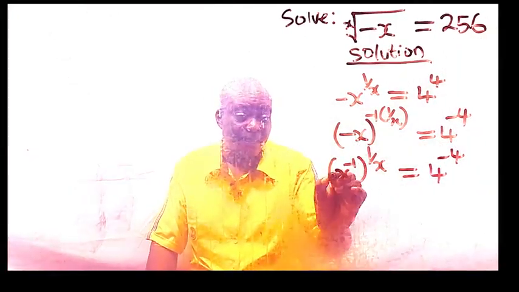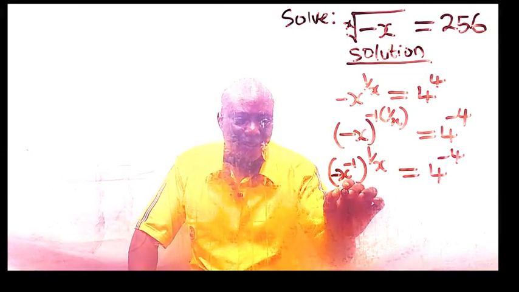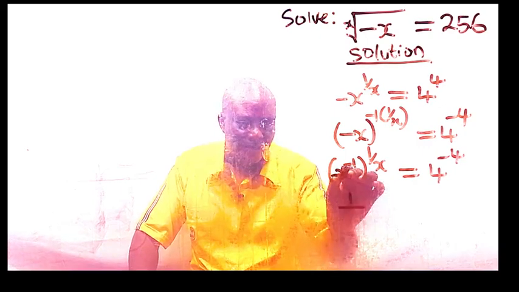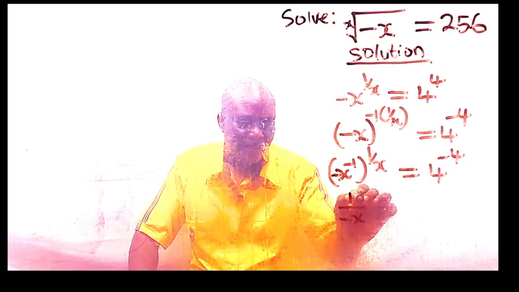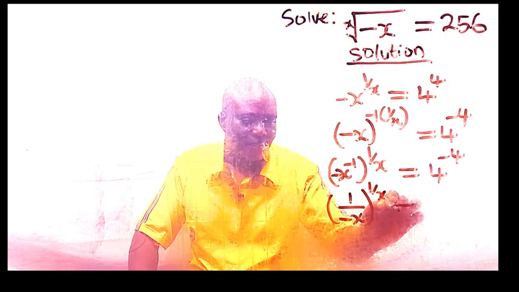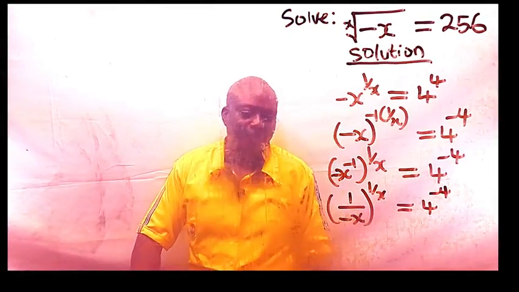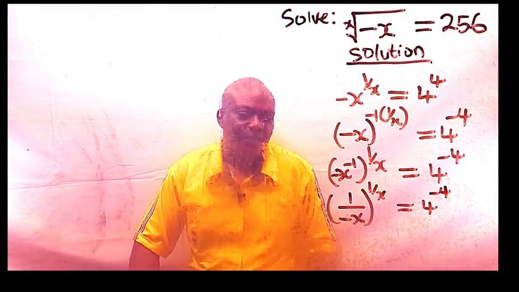What is inside is minus here. So instead of this one, you can write it in the form of 1 to the power of minus x, all to the power of 1 over x equals 4 raised to the power of minus 4. Let us do something again.